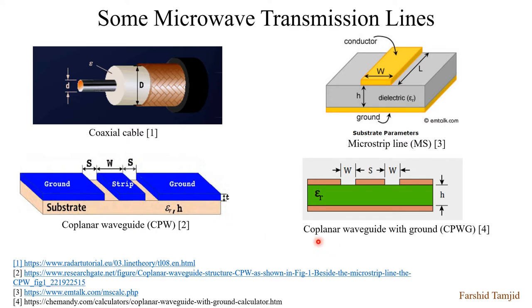The next structure is coplanar waveguide with ground, or CPWG. The other one was CPW. In CPWG, just consider you have a CPW and add a ground plane underneath it, and you will have a CPWG.